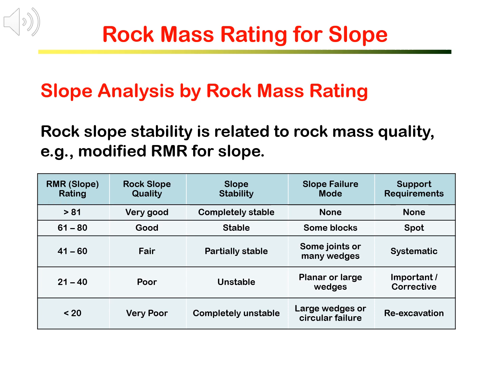RMR was initially proposed for classifying the rock mass quality for underground works and mines. It was later further modified for slope stability assessment and the slope support design. I will cover the use of modified RMR for slope analysis in detail in a later session.